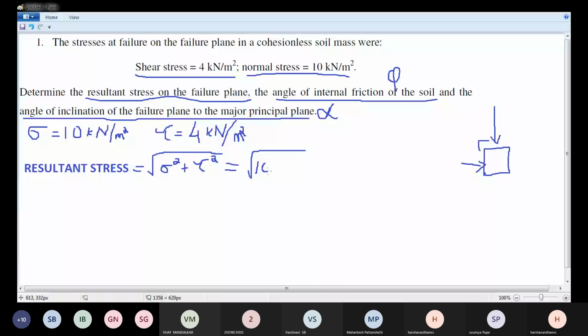Please calculate and tell me the answer. 10.7 kilonewton per meter square.